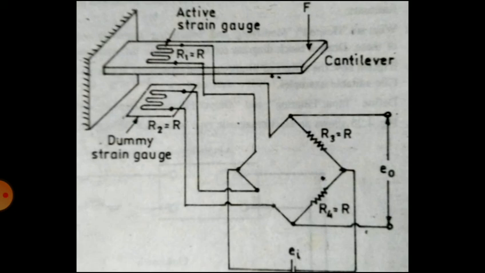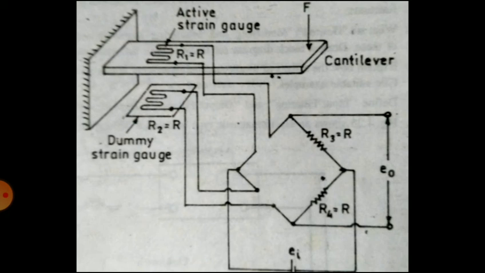The bridge is initially balanced, and therefore R1 upon R3 equals R2 upon R4. Suppose a change in temperature occurs and the resistance of active as well as dummy gauges change by delta R1 and delta R2 respectively. So in order that there should be no output, the bridge should be balanced, and this requires R1 plus delta R1 upon R3 equals R2 plus delta R2 upon R4.